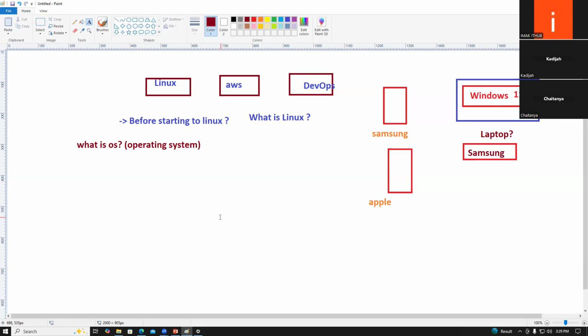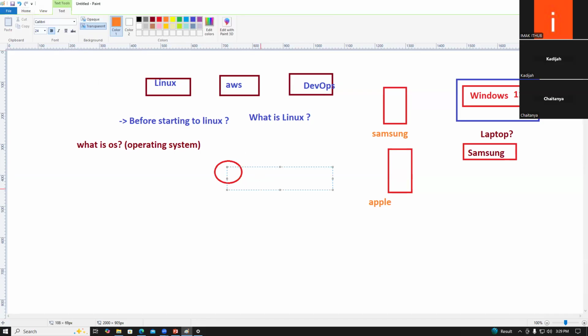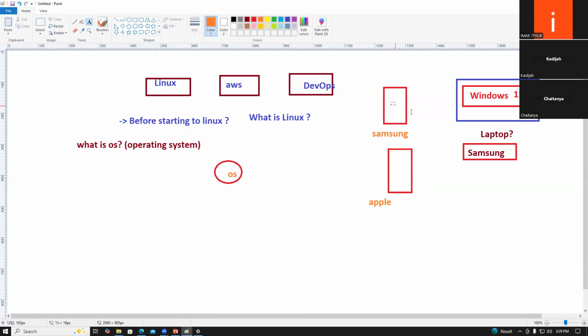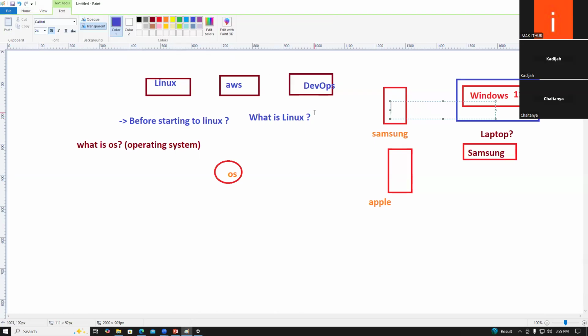For my Samsung, is it the software information? I have Android version 14. Very good. So Android OS is installed here, and iOS is installed on the iPhone.